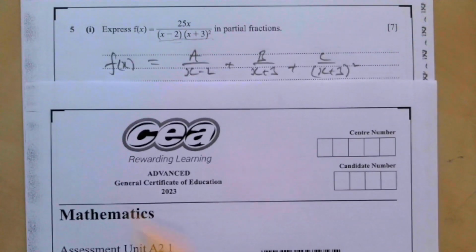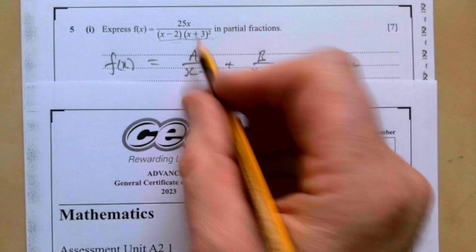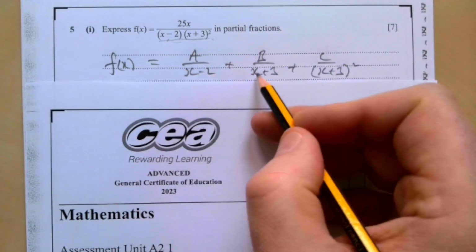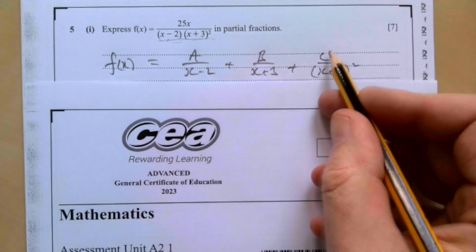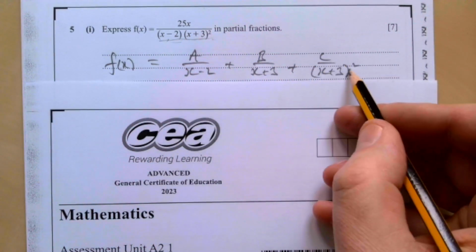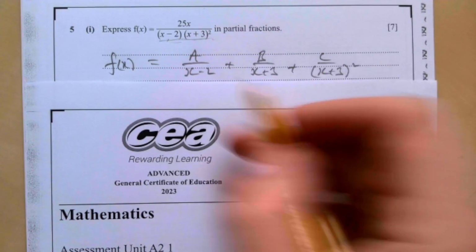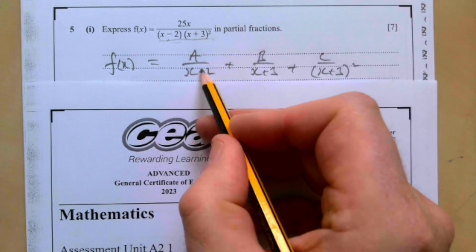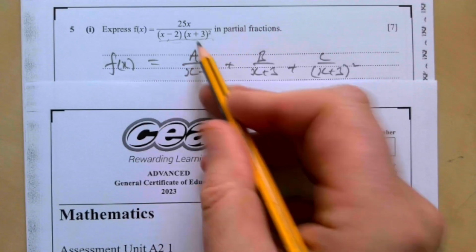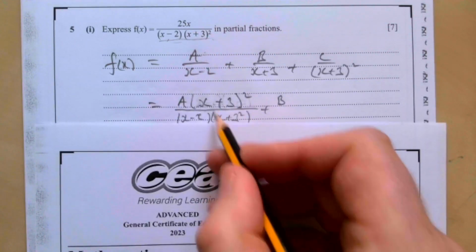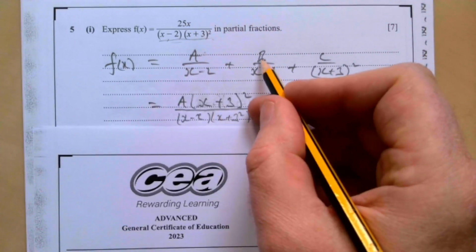So I already have this one started. So we're f of x a over x minus 2 plus b over x plus 3 plus c over x plus 3 all squared. To find our common denominator, we need to multiply top and bottom of this one then by x plus 3 squared. That's what we have here, and I'll jump in from there then.